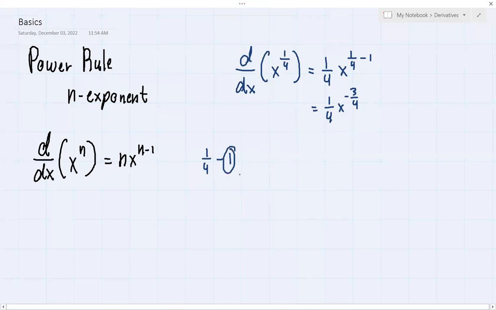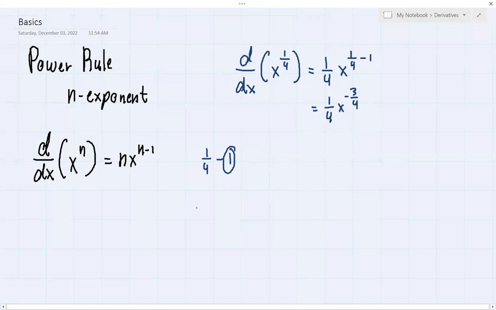And 1 is not a fraction. It's a whole number. It's not a fraction. It's a whole term. What are we going to do to make it a fraction? That whole term, negative 1, can have a denominator of 1. Okay?